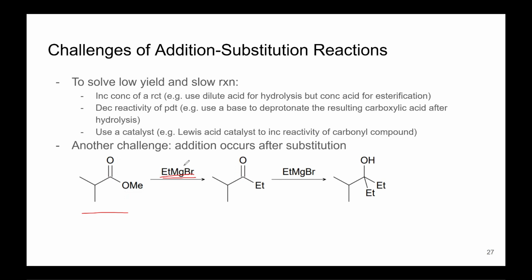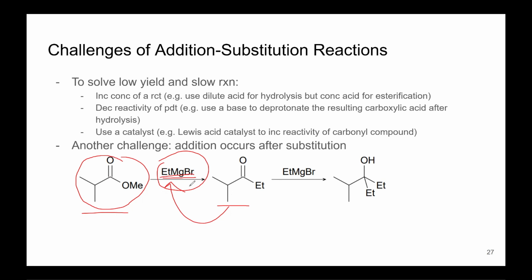Because of this, even if you don't have an excess of your Grignard, because your ketone is more reactive, whenever a ketone is formed, it will just eat up your Grignard reagent. Instead of reacting with one more equivalent of the ester, your ketone will just take all the Grignard reagent.